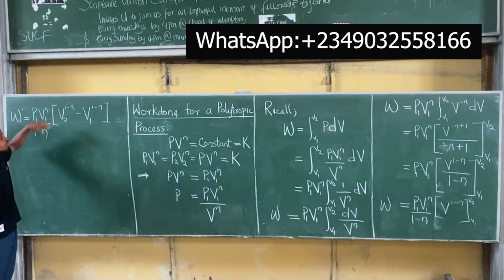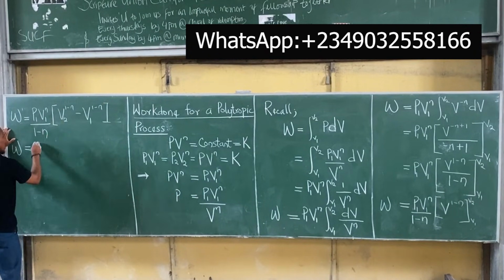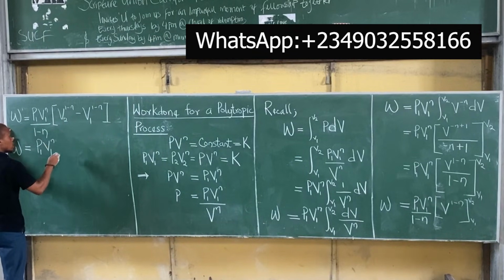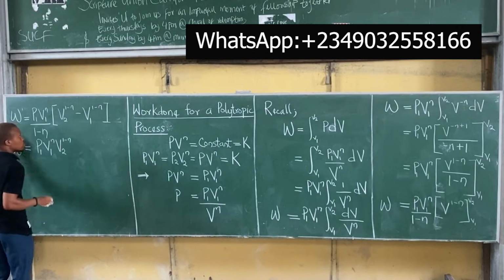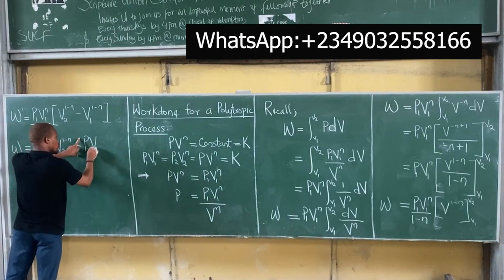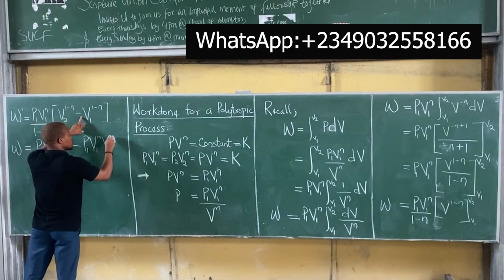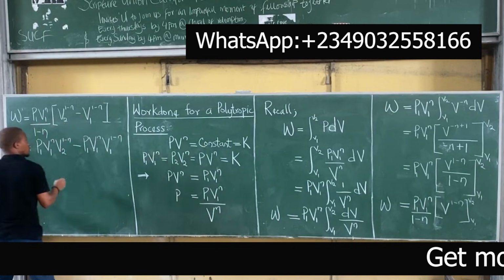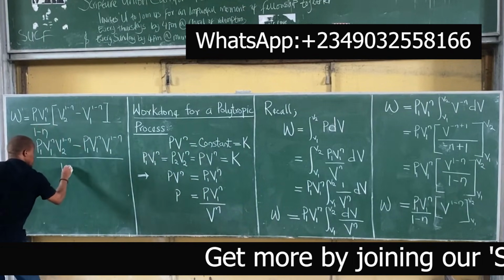We multiply all through. So I'm having that W equals P1 V1^n V2^(1 minus n) minus P1 V1^n multiplied by V1^(1 minus n), all divided by 1 minus n.